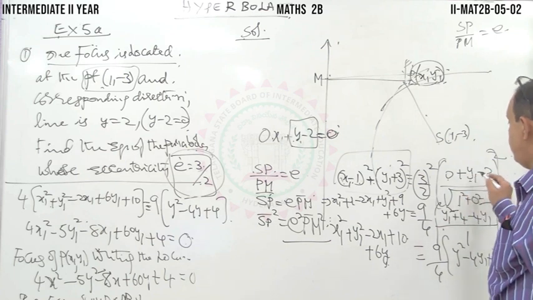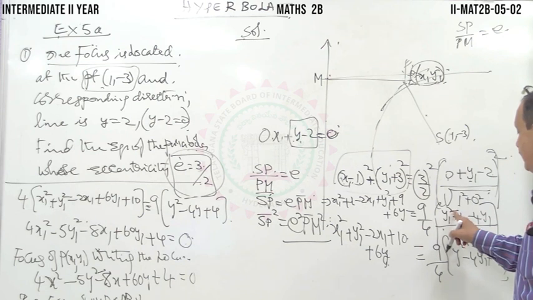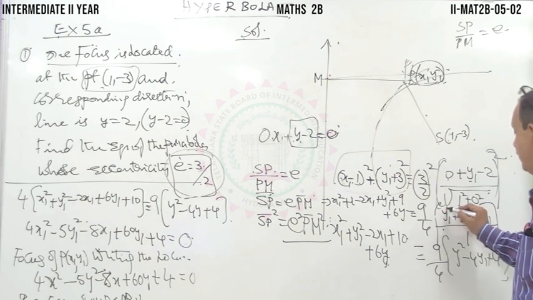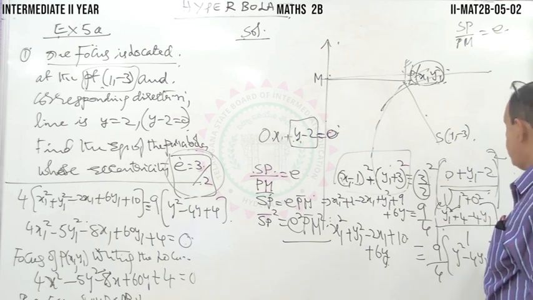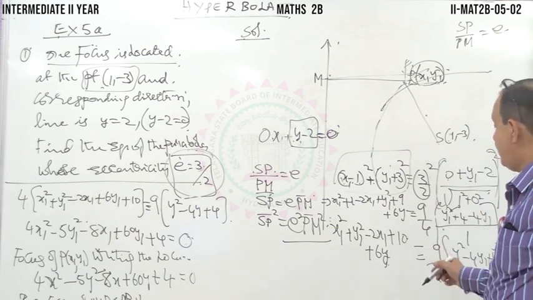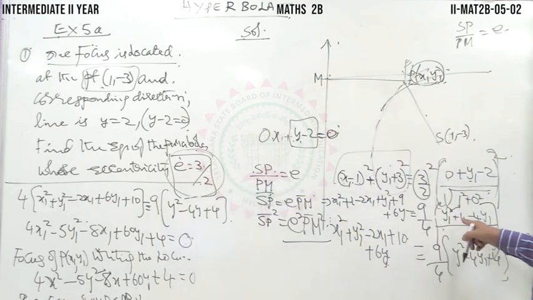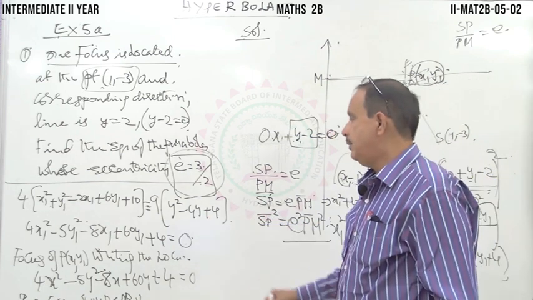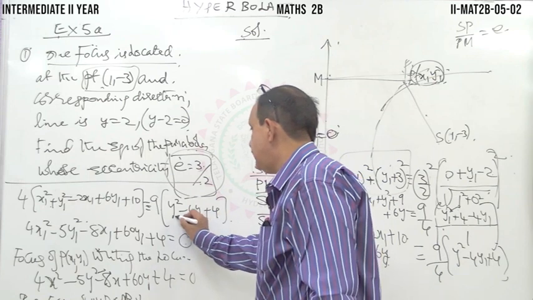Now, when y1 minus 2 whole square is expanded in this form with 9 by 4, here this is y1 square, in fact y1 square plus 4 minus 4y1. It is cross multiplied with 4 on the left hand side, and the numerator part 9 is multiplied to y1 square plus 4 and minus 4y1.